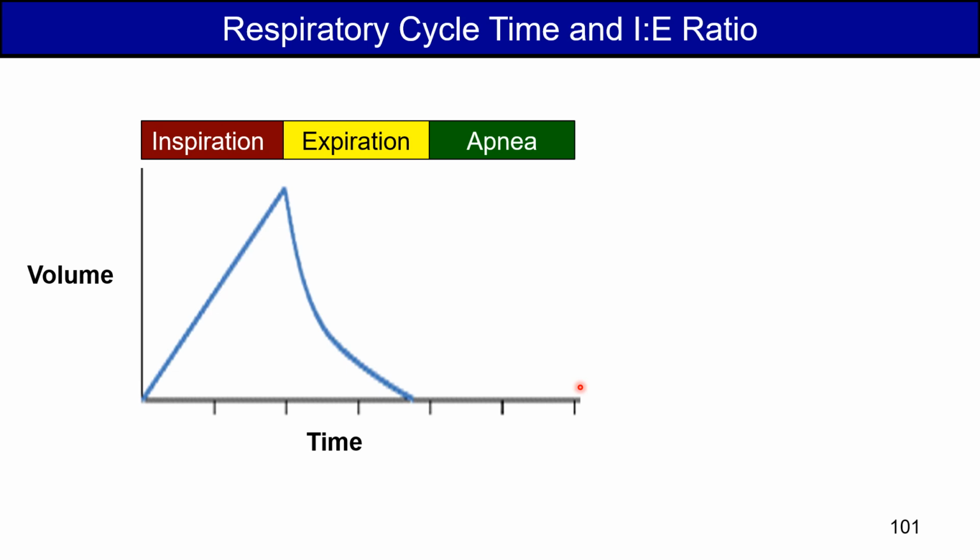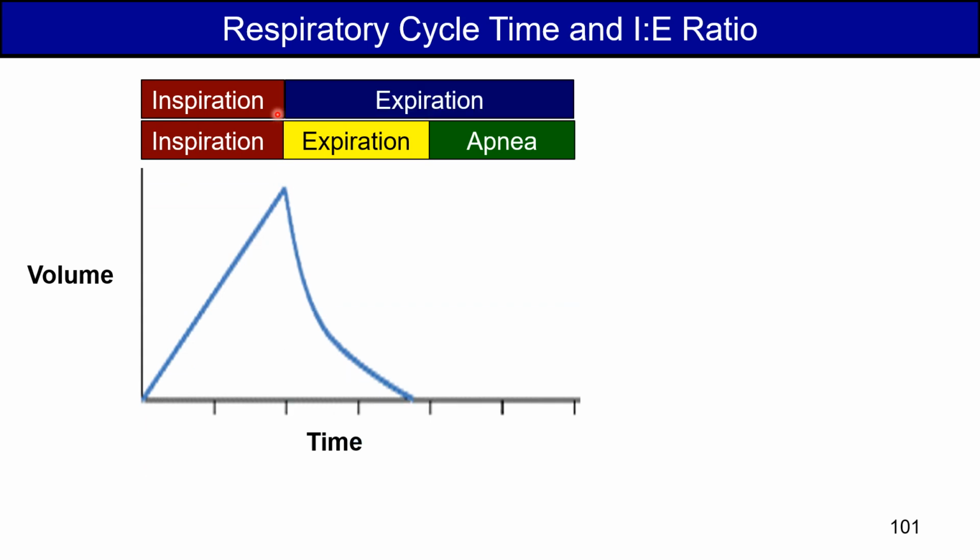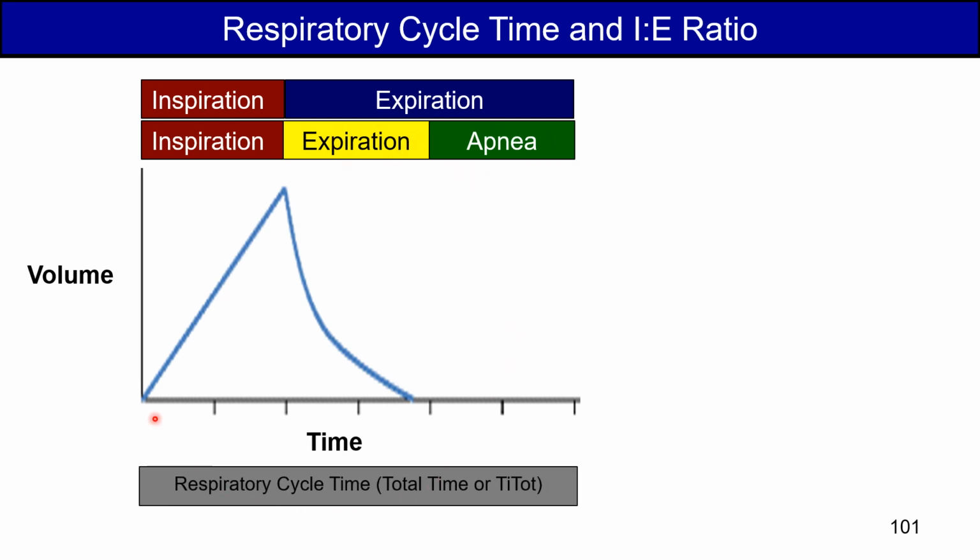So the respiratory cycle is divided basically into inspiration and expiration. Expiration includes the expiration proper and the apnea phase. Now, this is the total time for one respiratory cycle.